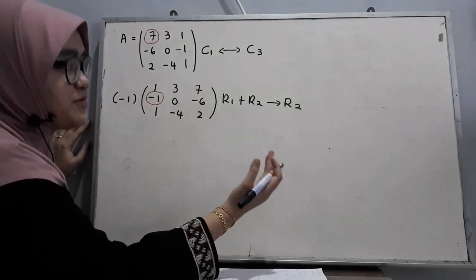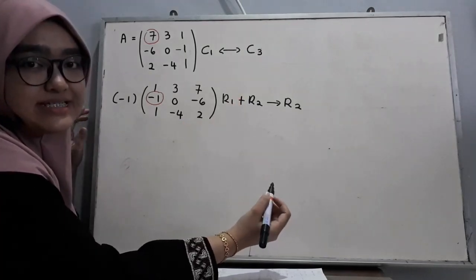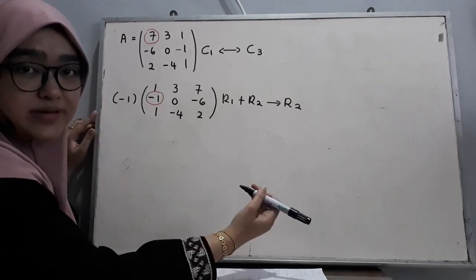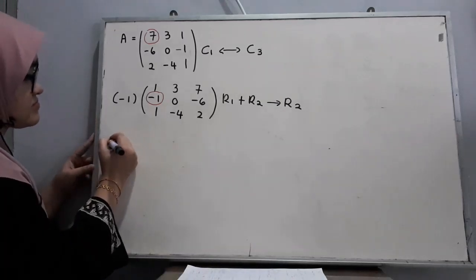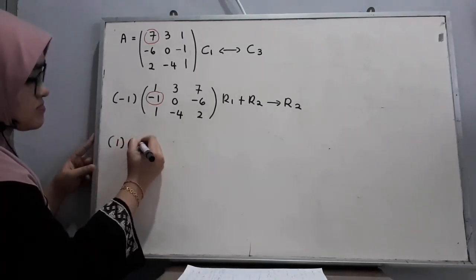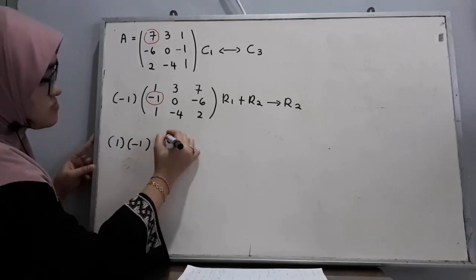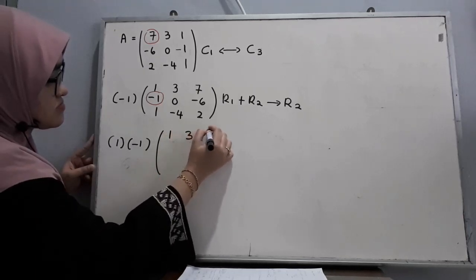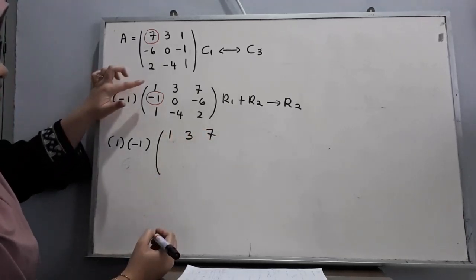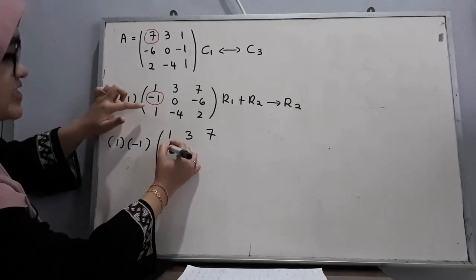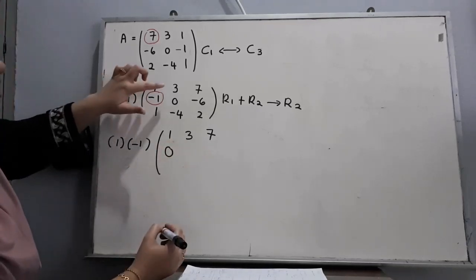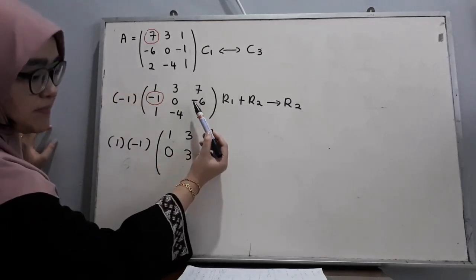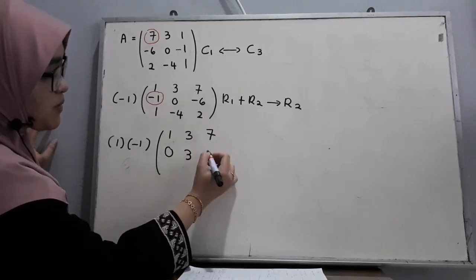And when we do an addition operation, we must multiply the matrix by 1. One plus -1, 0. 3 plus 0 is 3. 7 plus -6, 1.